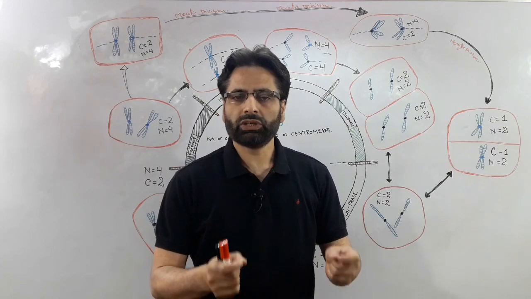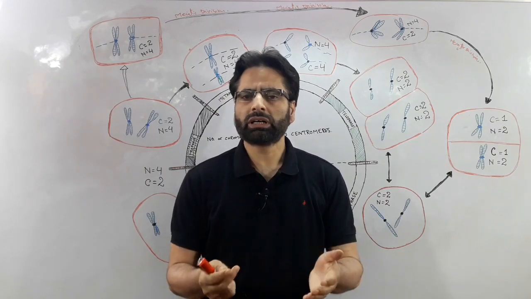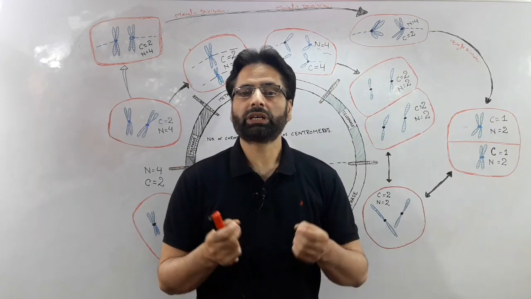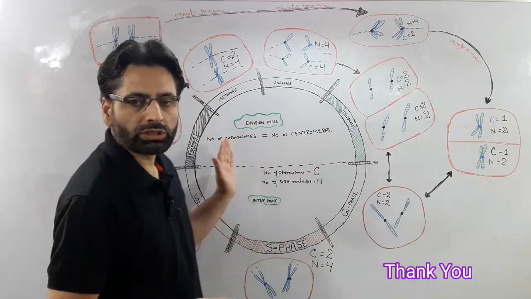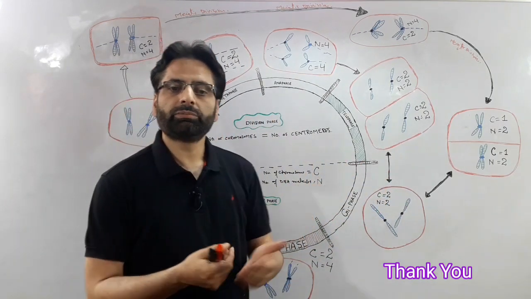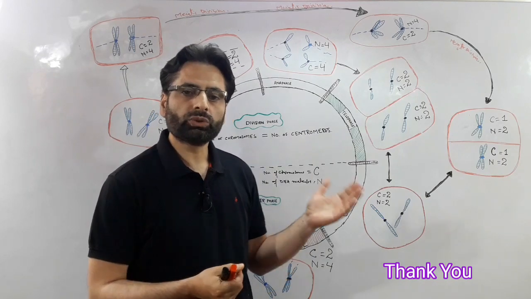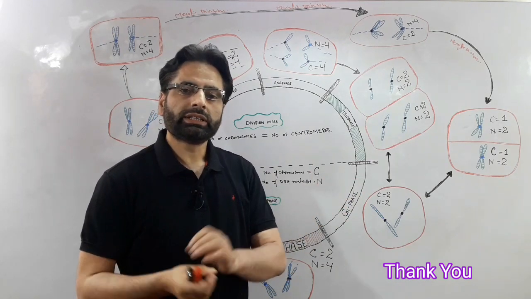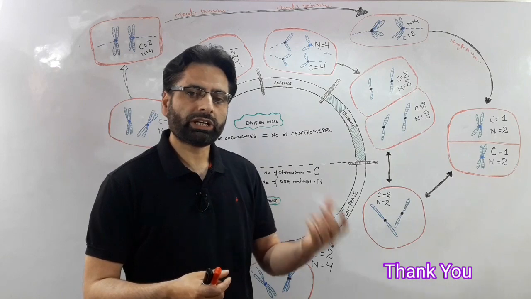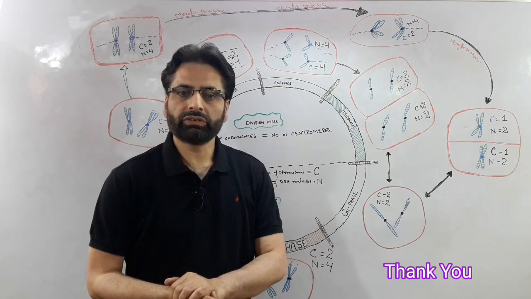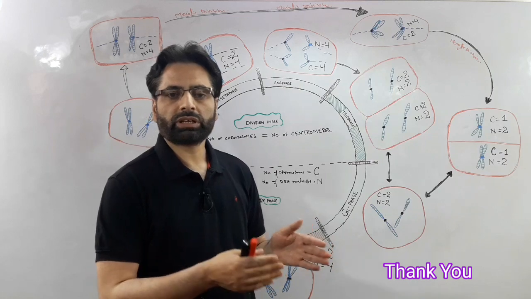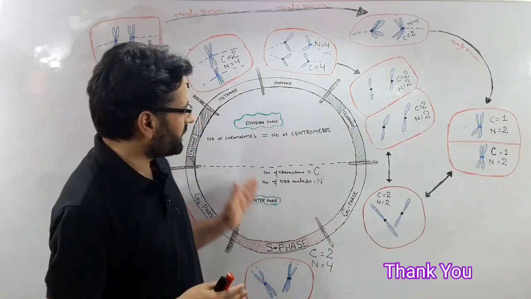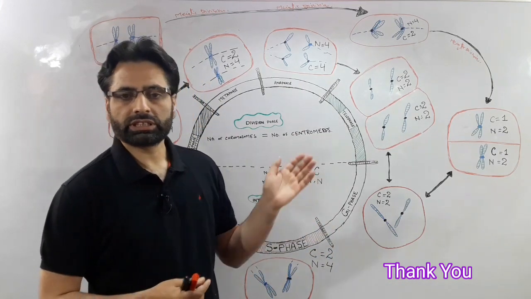So in this way you can calculate the number of chromosomes and the number of DNA molecules through various stages of both mitotic and meiotic division, and you can also differentiate how mitotic division and meiotic division differ in terms of the number of chromosomes and DNA molecules through various stages of cell division.